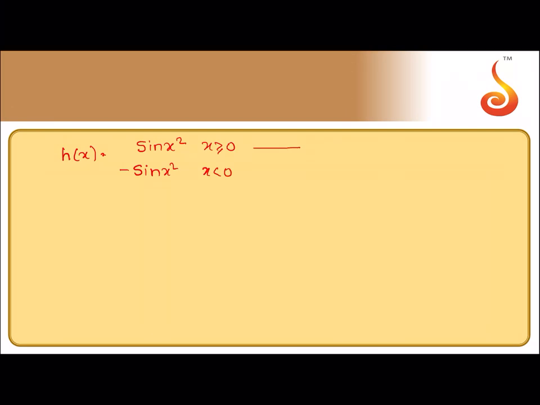So we got the two functions. Let us write both the functions. I'll write it here. So h(x), you got it as sin x square whenever x is greater than or equal to 0, minus sin x square whenever x is less than 0. Now we differentiate, h dash x. H dash x, we'll get it as 2x cos x square.